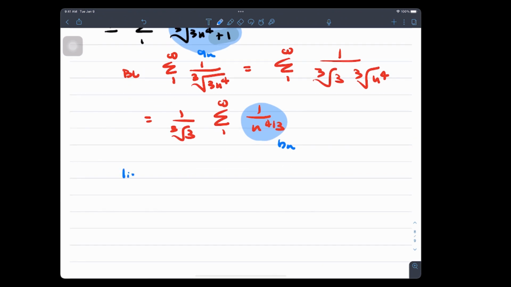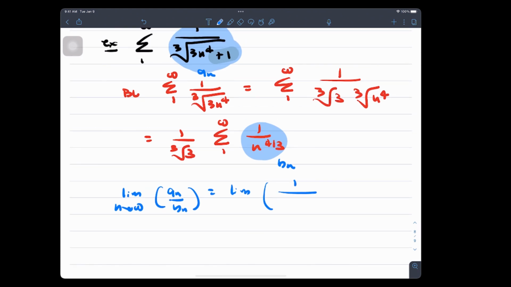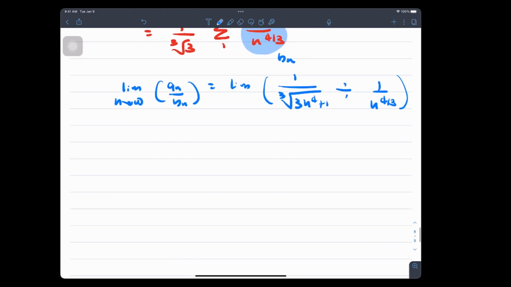So you say this is the limit of an over bn, one over cube root of 3n to the 4th plus 1 divided by 1 over n to the 4/3.